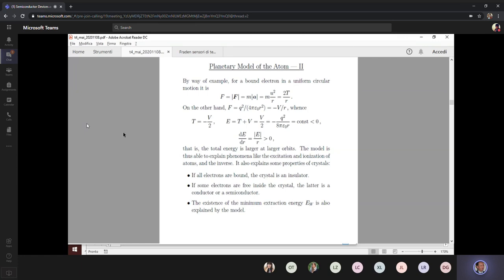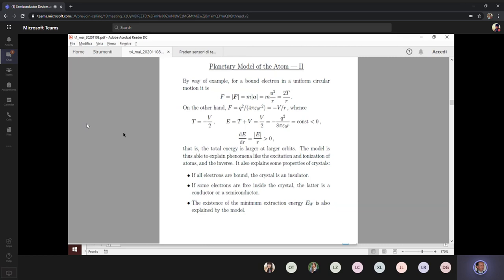Now, assume that for some reason there is a small perturbation in the motion, such that the motion stays circular, but the energy of it changes. So if you calculate the derivative of the total energy with respect to the radius, you find that it is equal to the modulus of the total energy divided by the radius.